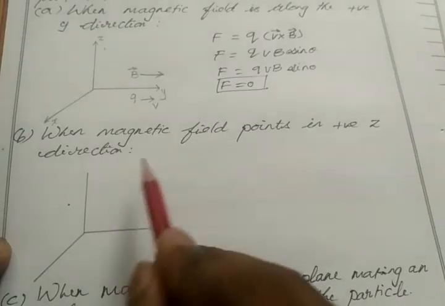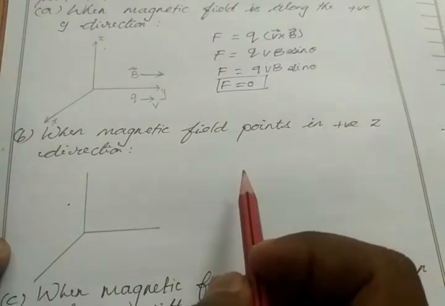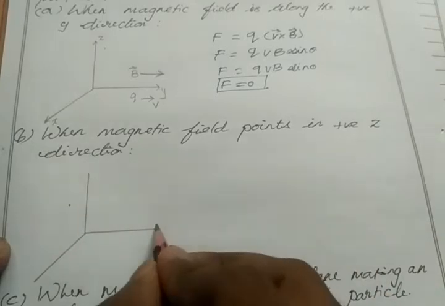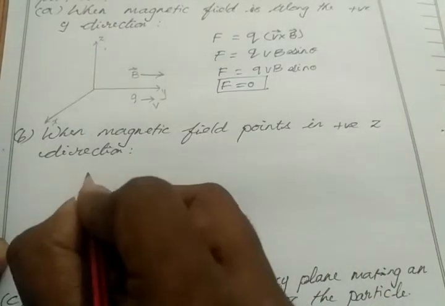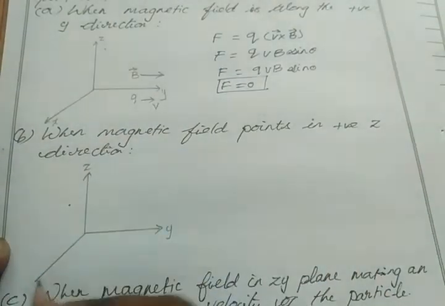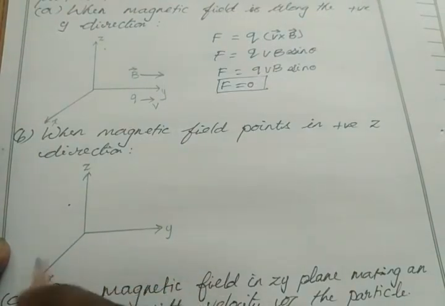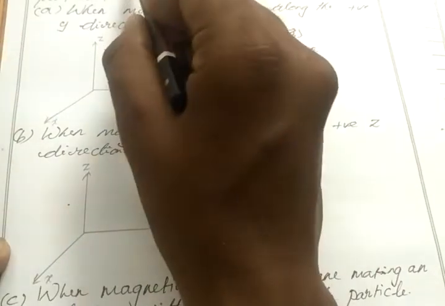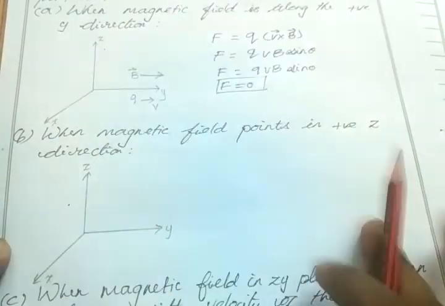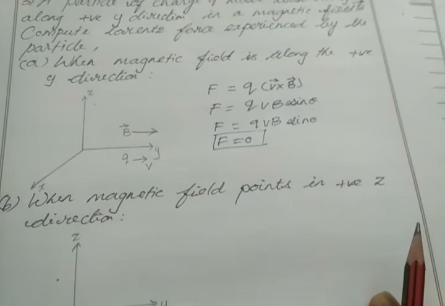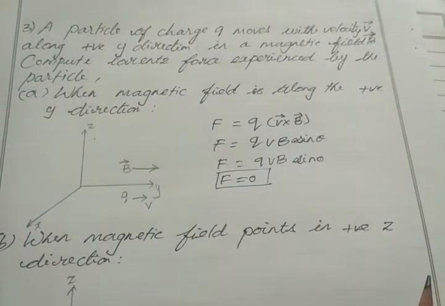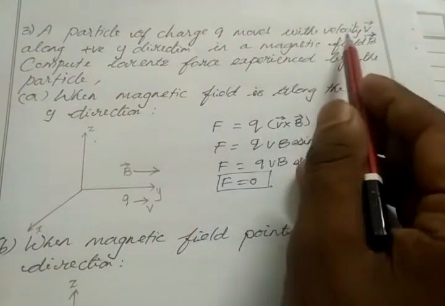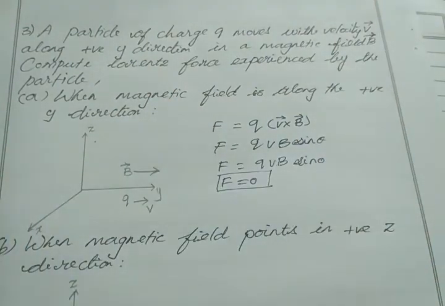Clear? Because both are in same direction. So next question, when magnetic field points in the positive z direction. So I take this is y, this is positive z direction, positive x. It is already given that for every problem my particle of charge q moves with velocity v along positive y direction.